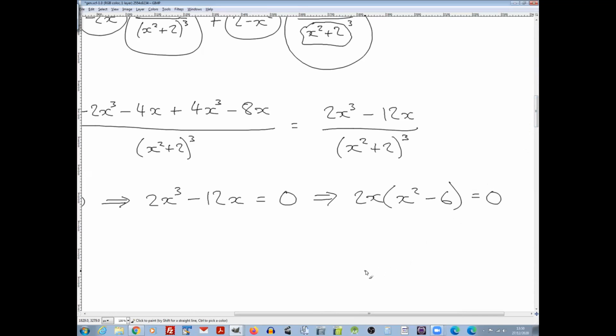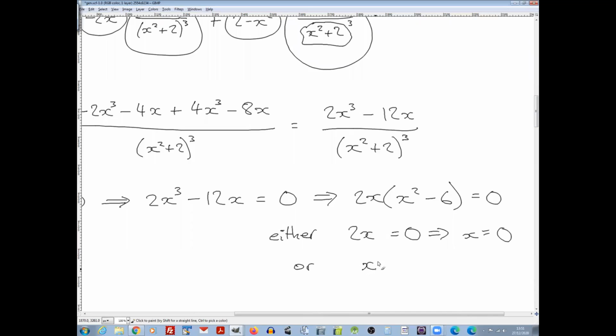In which case, you can say either 2x equals 0, or x equals 0, or x squared minus 6 equals 0.